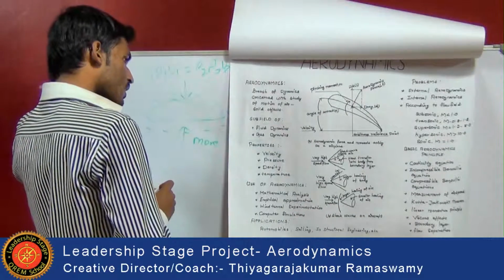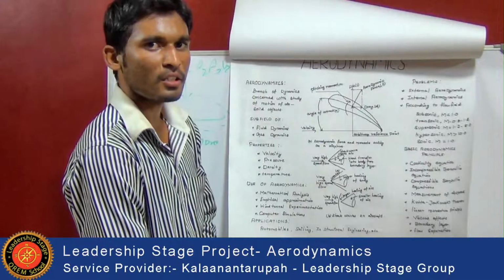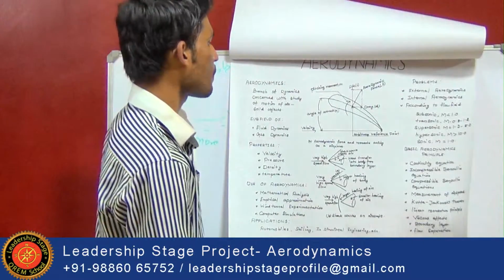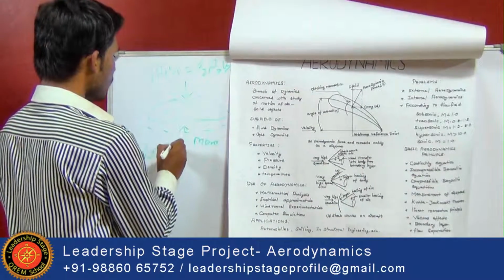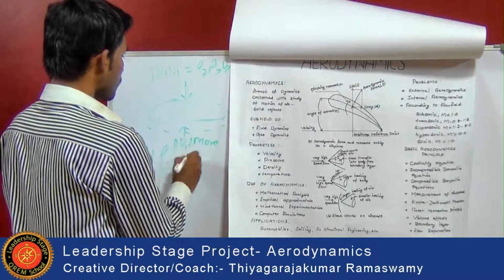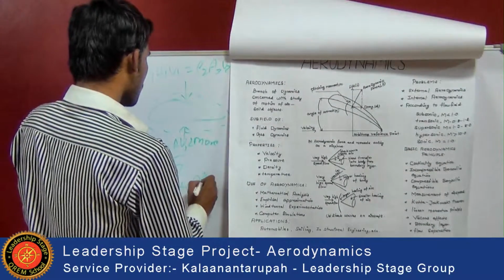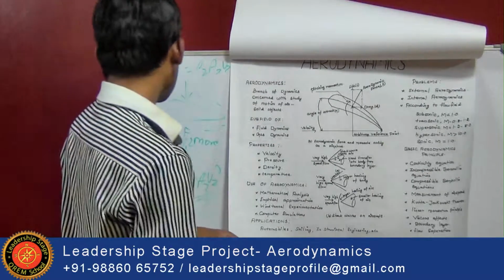For an ideal incompressible fluid, the sum of the pressure energy, kinetic energy and potential energy is constant along the streamline when the flow is steady and continuous. Here P1 plus rho V1 square by 2 equals P2 plus rho V2 square by 2. This is Bernoulli's equation.